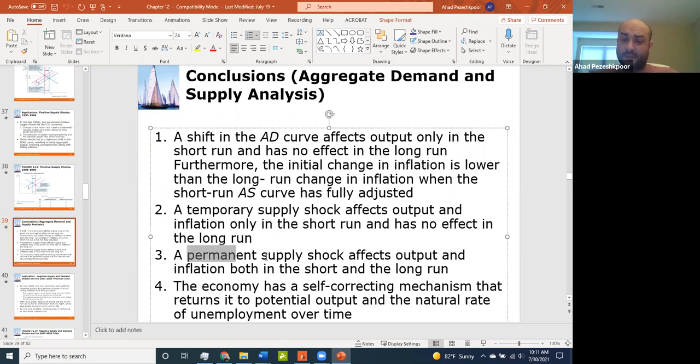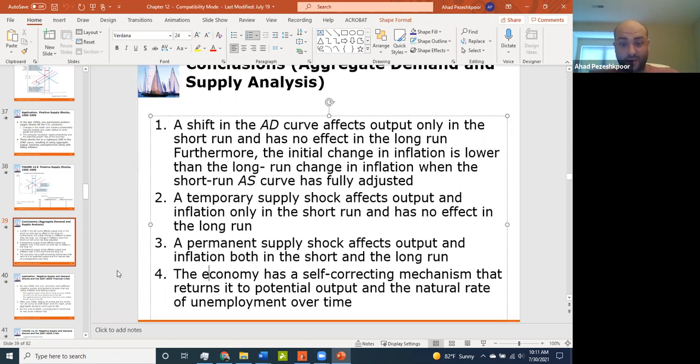A permanent supply shock affects output and inflation both in the short and the long run. The economy has a self-correcting mechanism that returns it to potential output and therefore the natural rate of unemployment over time, but not the natural inflation rate.